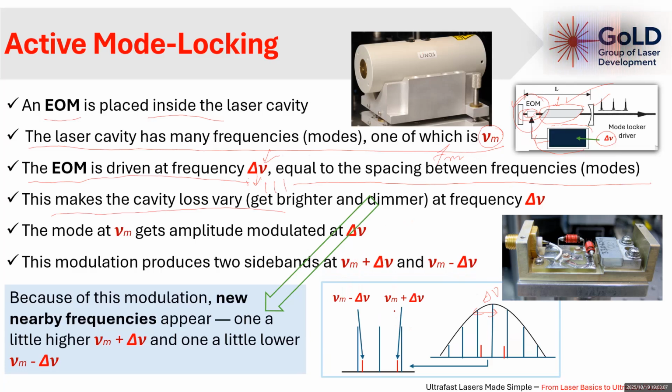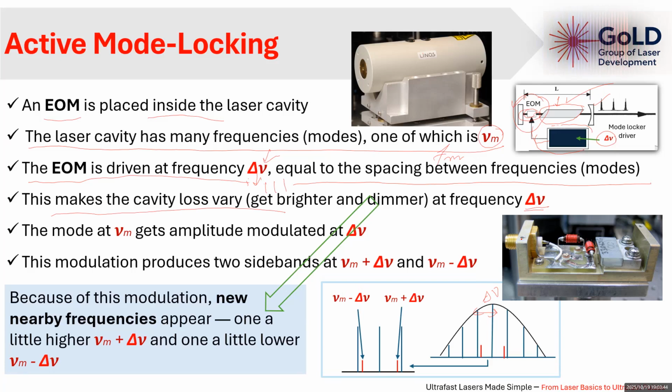So varying losses means the laser is blinking on and off, brighter and dimmer, at this frequency. The acousto-optic or electro-optic modulator is driven with the frequency equal to the spacing between the modes.